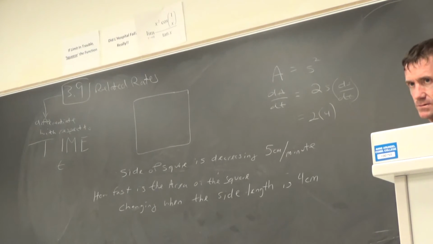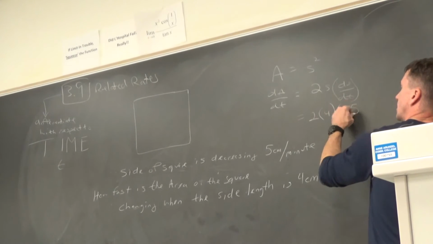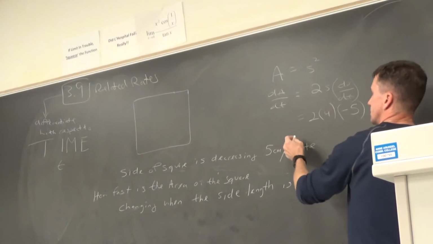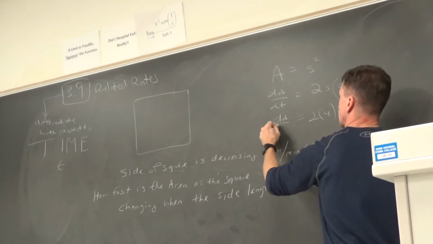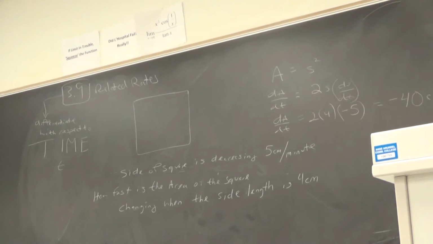Because it's decreasing, the 5, negative 5. So that means my answer is negative. And when dA/dt, my final answer is negative what? 5 times 2 is 10, times 4 is 40. Centimeters or centimeters squared? Centimeters squared per minute. Per month or minute? Minute.